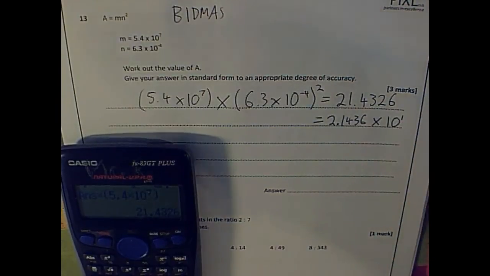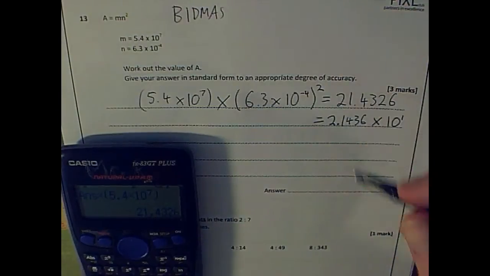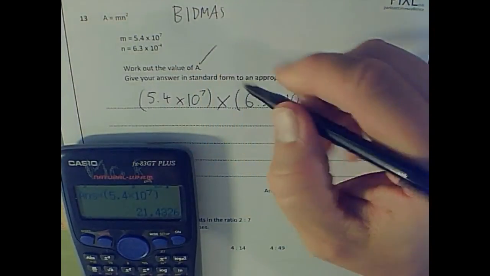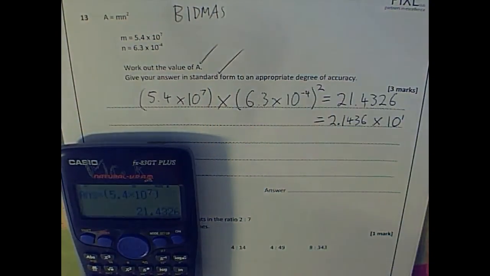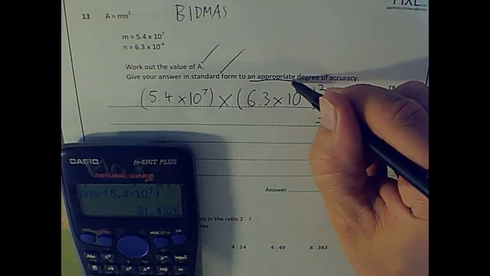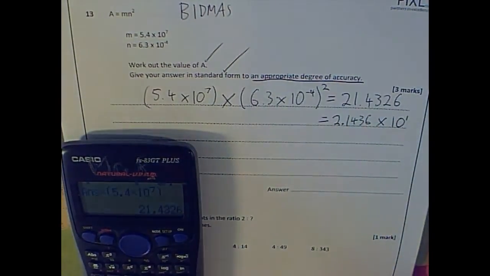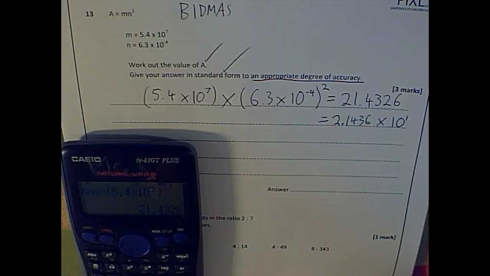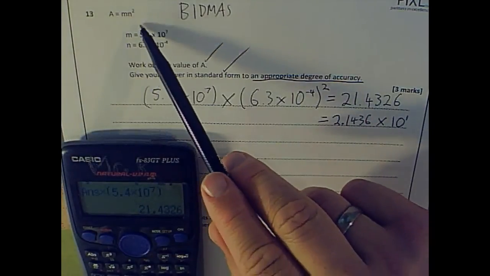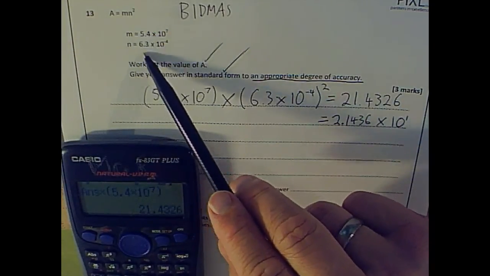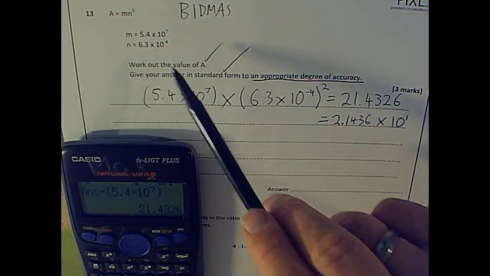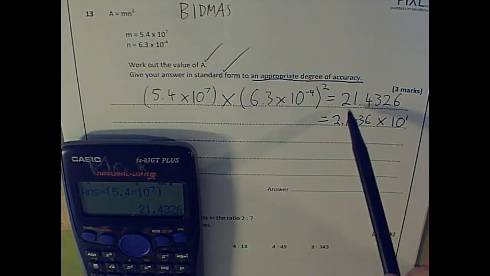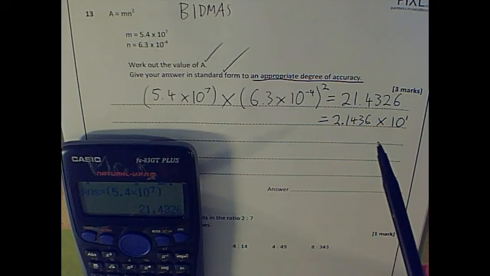Now, I'm not quite finished because I've worked out the value of a, I've put it in standard form, but it says an appropriate degree of accuracy. In the question, these were given to 1 decimal place. So an appropriate degree of accuracy here would also be to 1 decimal place.